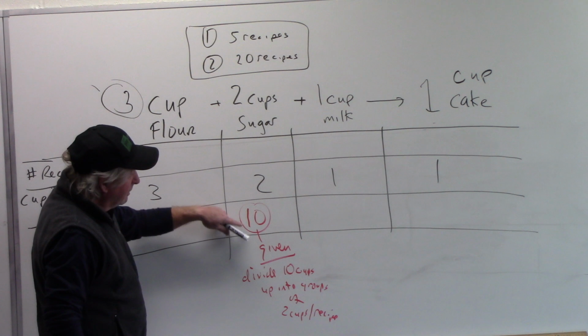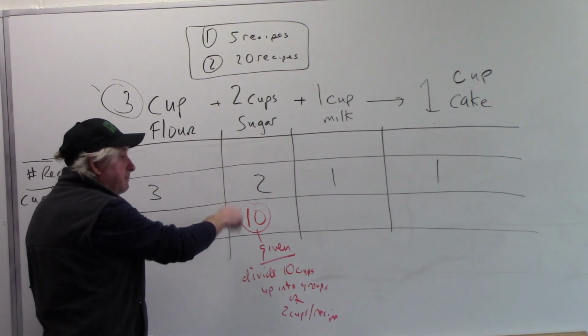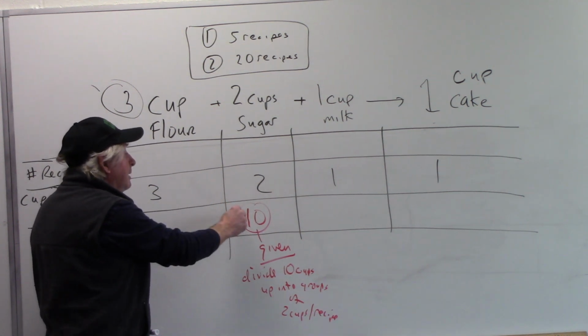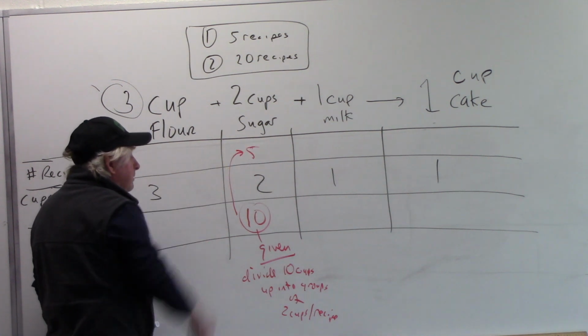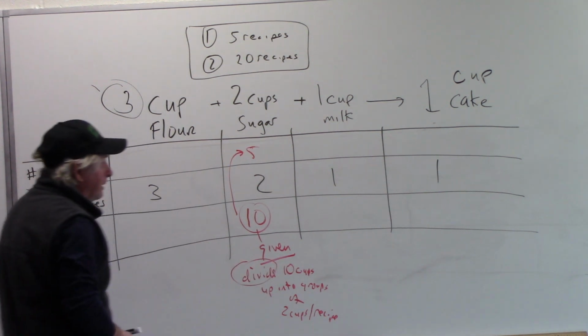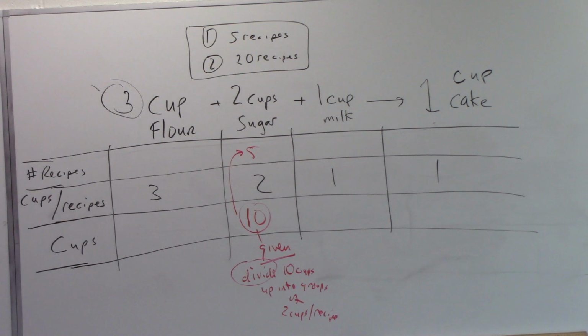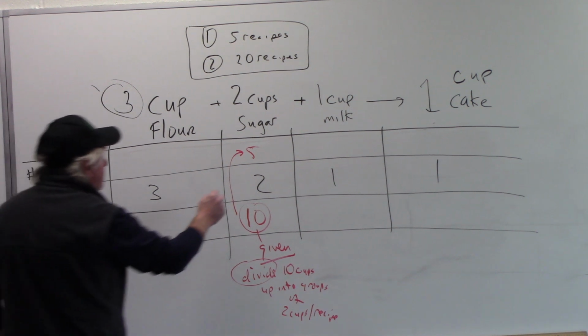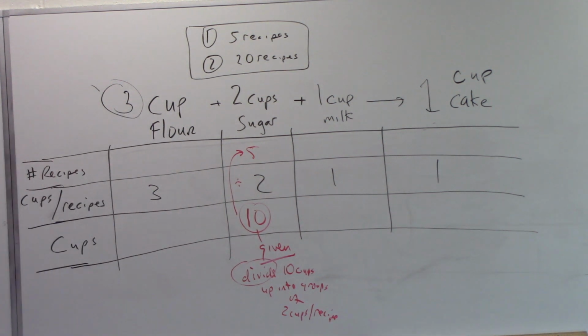Chop, chop, chop, chop. When you do it, you actually do divide. So you divide the 10 into groups of 2, and you get 5 recipes.